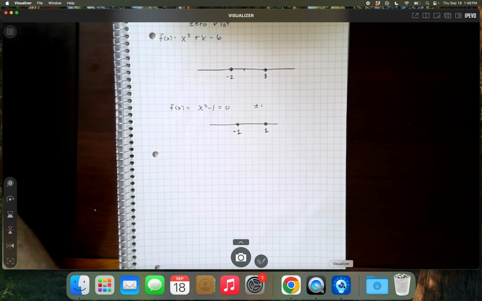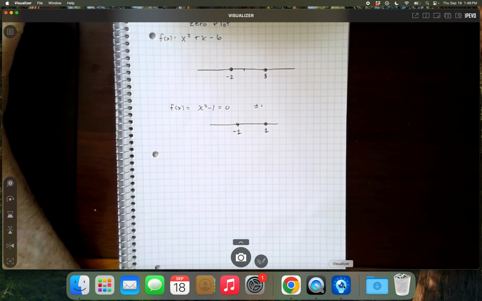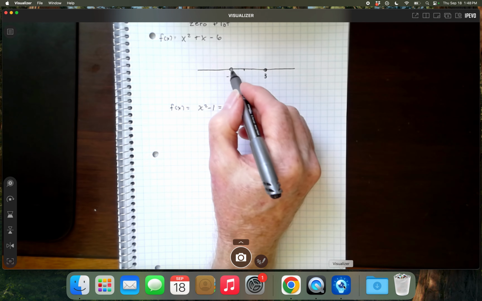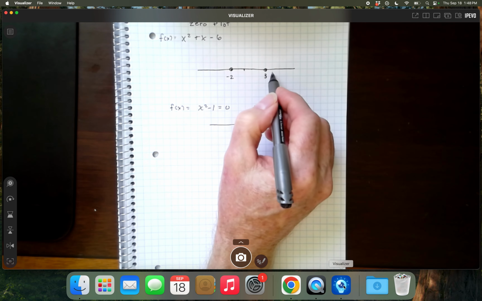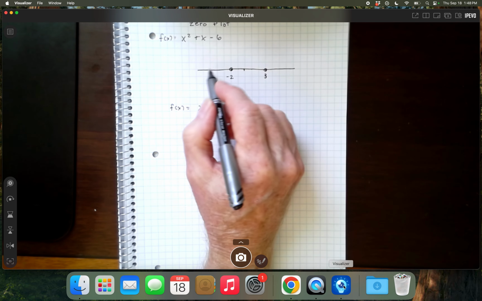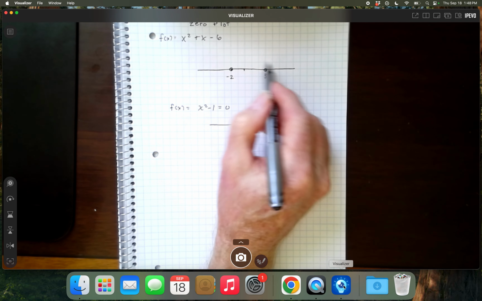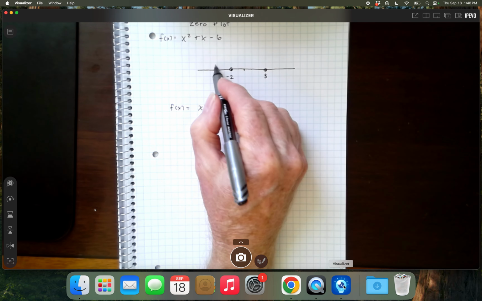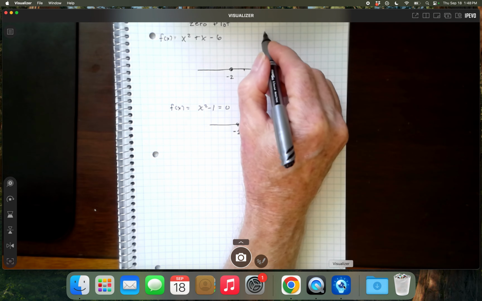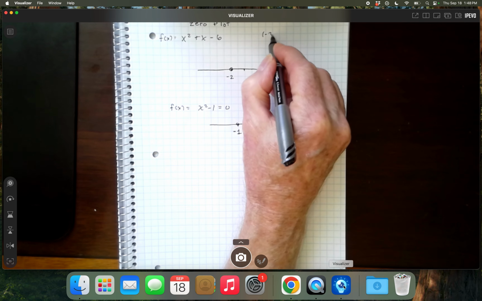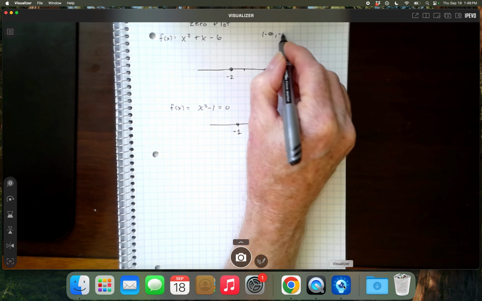Now, for quadratic functions, if there are two zeros, the zero plot divides my number line into 3 segments. I'm going to show the 3 segments. From minus infinity up to minus 2.